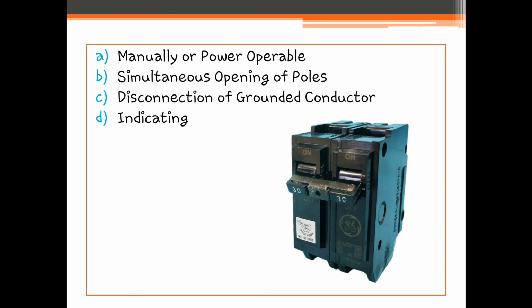And dapat equipped siya with a handle or other suitable operating means. Pwede pod a power operable switch or circuit breaker provided na the switch or circuit breaker can be opened by hand in the event of power failure. So in case of emergency, pwede ra ang tao ang mo off ana.